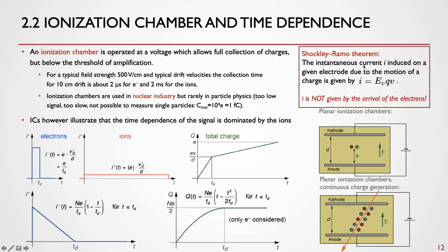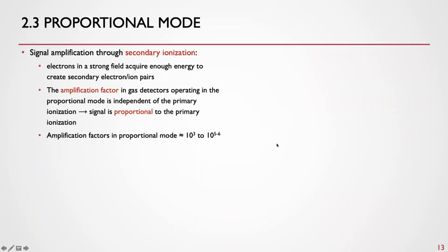Bottom line, and that you must know, Shockley-Ramo theorem: the current that flows instantaneously starts with the movement of the ionization signal, the electrons and the ions. It stops, it has flown once those guys have reached the anode and the cathode. That's a common misconception in all detector applications. Good.